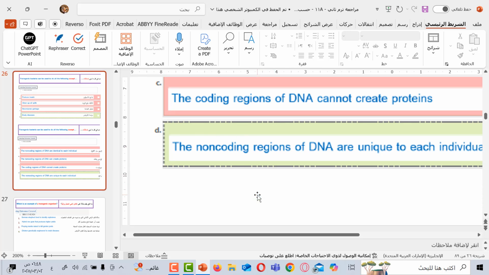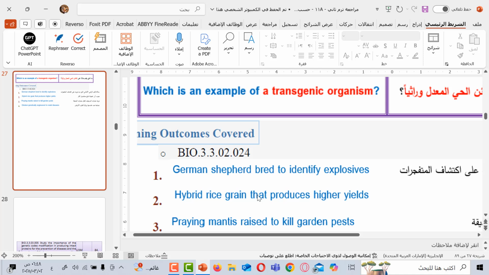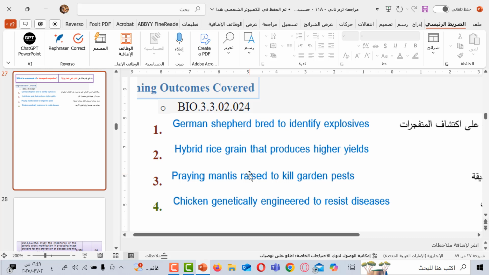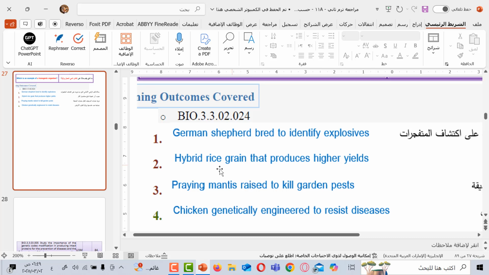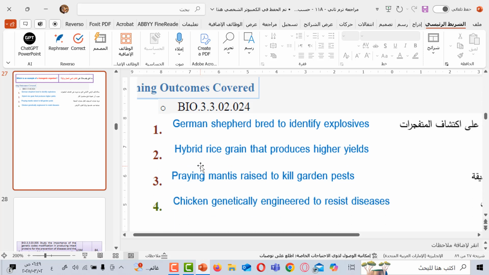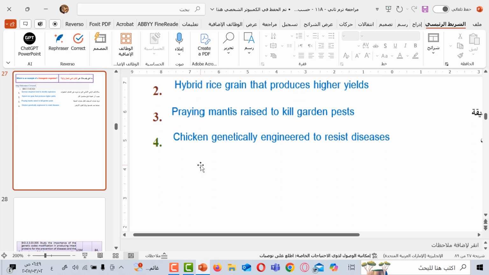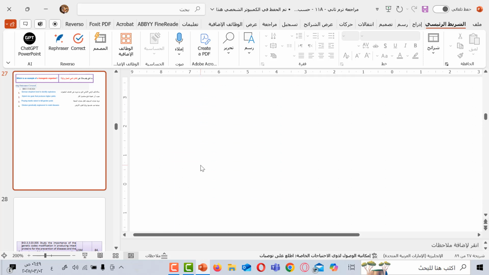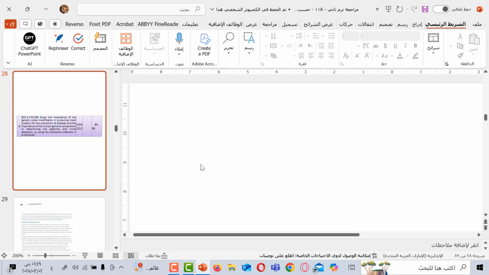Next question: which is an example of a transgenic organism? I think this is a repeated question. Transgenic organism, we saw it before. Let us see another page and another question.